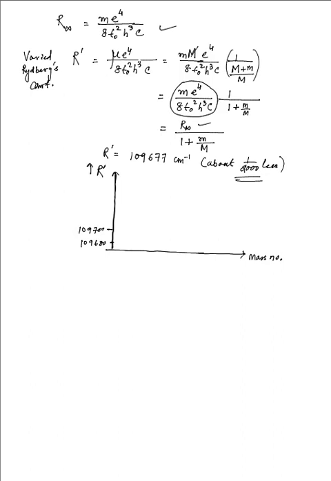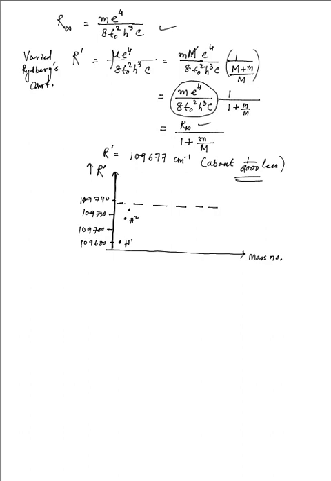And let me just put a few values over here: 700, then 720, 740. This one is for hydrogen, this is for another isotope of hydrogen that we'll be discussing shortly.